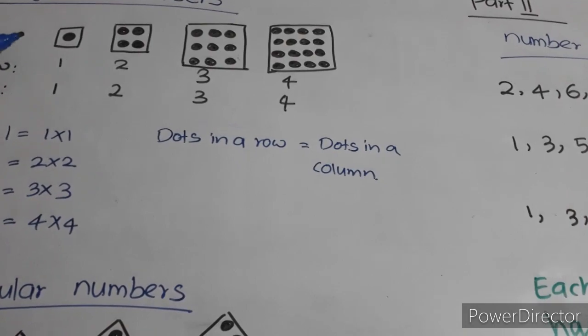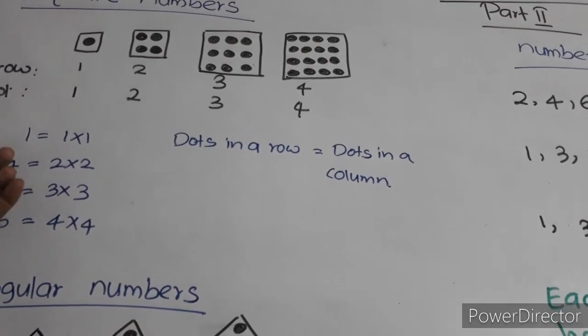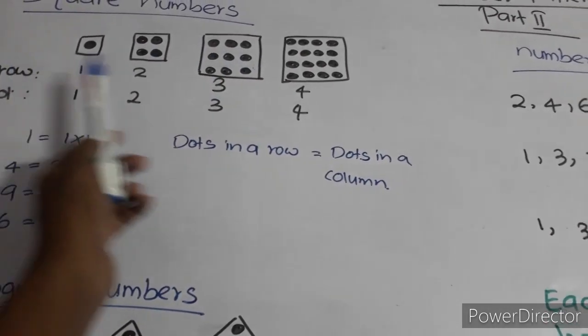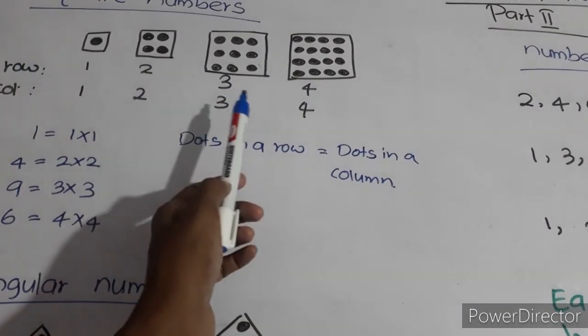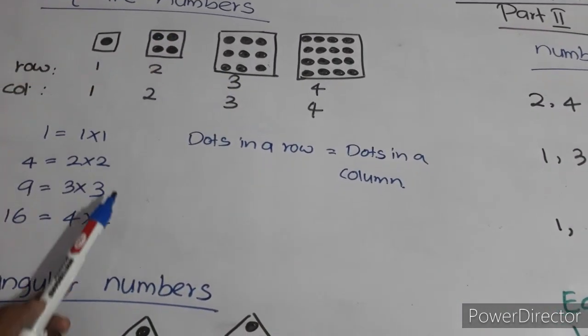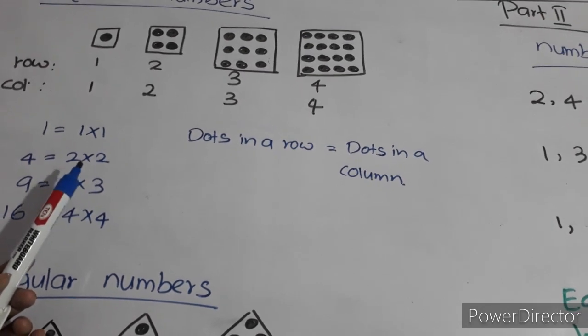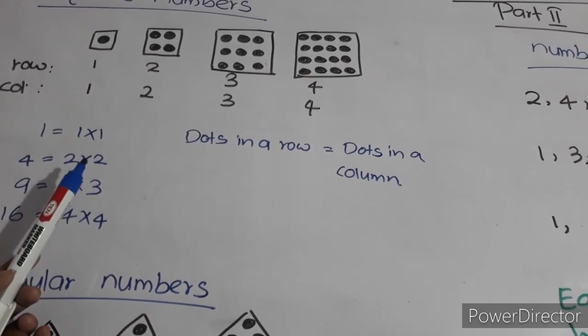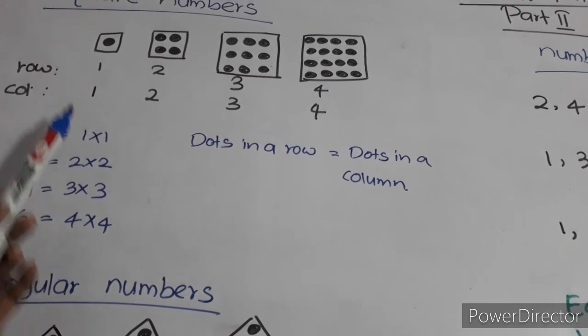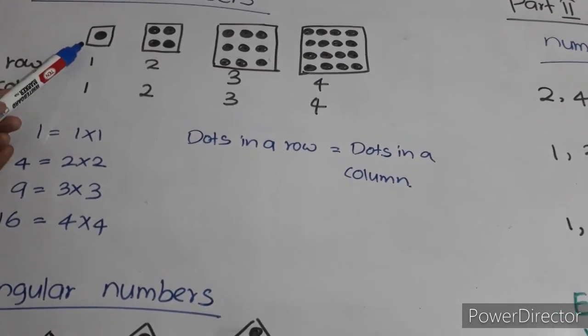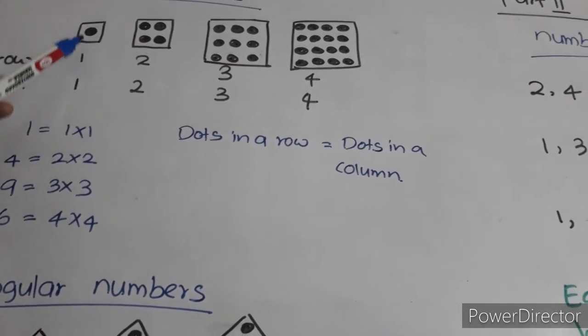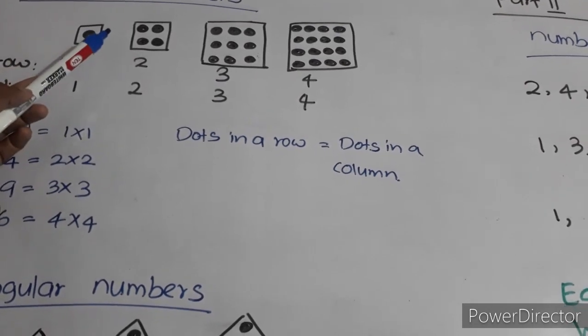In the horizontal direction, we call them rows, and in the vertical direction, downwards, we say columns. You know what the columns are and what the rows are. So in the first figure there is one column and one row.